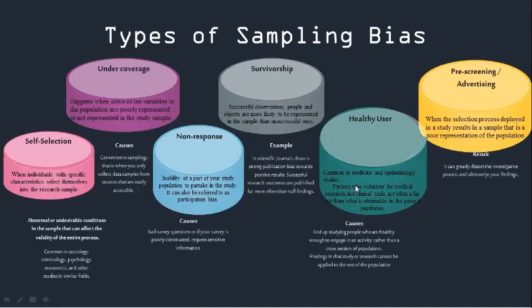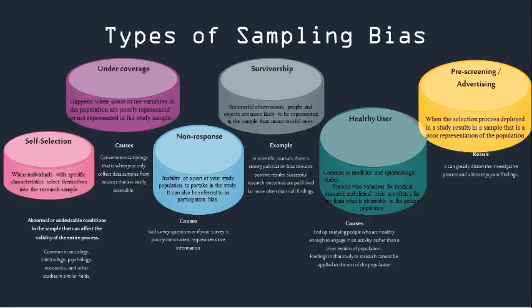Then there is the healthy user bias. This is more common in the medical fraternity. This is when certain types of people volunteer themselves for various medical research. You know that there are various medical researches and clinical trials going on, particularly right now during the time of COVID. For these clinical trials, you require some people who will be volunteers.